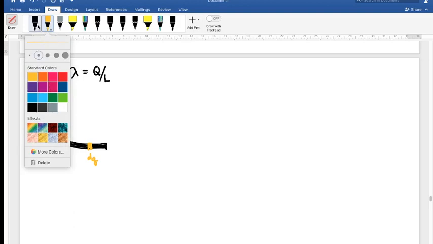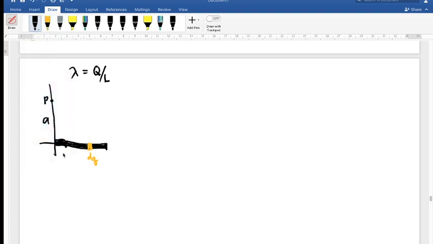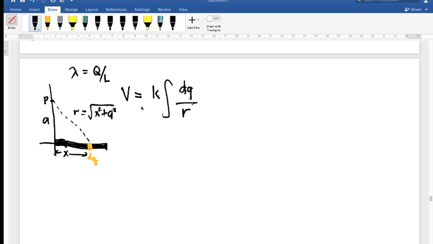Then we let the distance between the dq you chose and the origin be x, and the distance between P and the dq is basically R. So your V is equal to k, the integral of dq over R. The R is the square root of x squared plus a squared by the Pythagorean theorem, right?